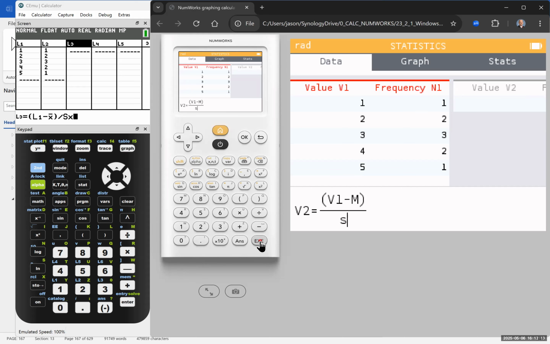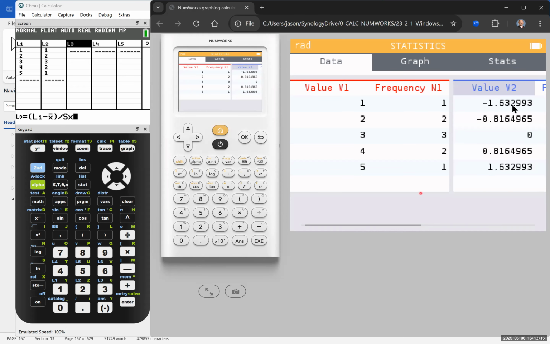All right, so now if I hit execute, there's all of my z-scores. So if we take 1 on the donut scale and convert that into a z-score, it converts over to negative 1.63. If I take 2 on a donut scale, that converts over to a negative 0.81 on the z-score scale. And remember the mean, the measure of center, was 3.